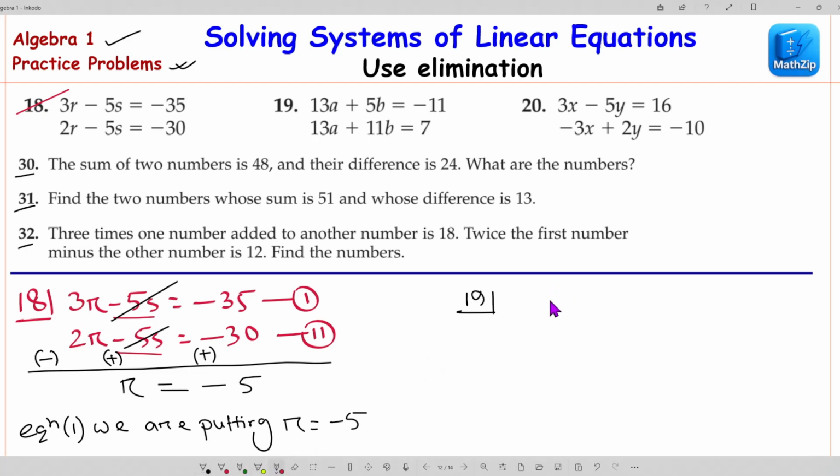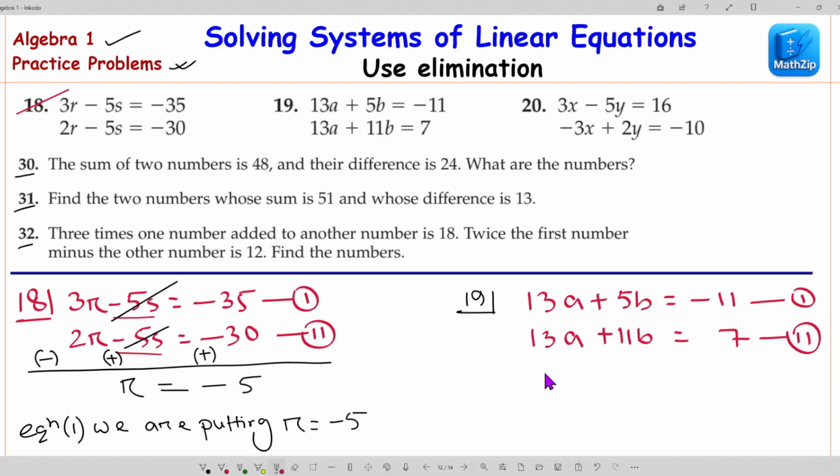Here are also two equations. One is 13a plus 5b equals minus 11. Then 13a plus 11b equals 7. One equation, and another one is the second equation. So here is term a, 13 and also 13.